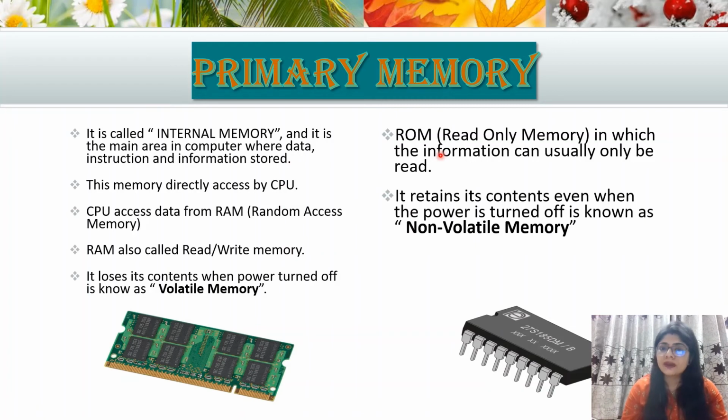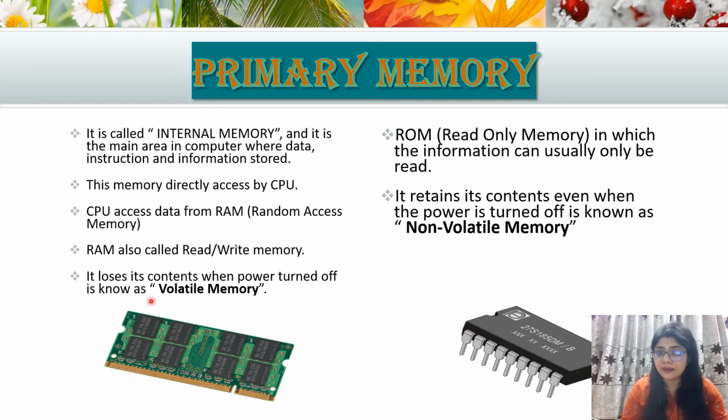Then comes ROM, read-only memory, in which the information can usually only be read. See, it is very clear from the name, read-only memory. So we cannot write anything on it. We can only read because it is read-only memory. It retains its contents even when the power is turned off, and that is why it is non-volatile.